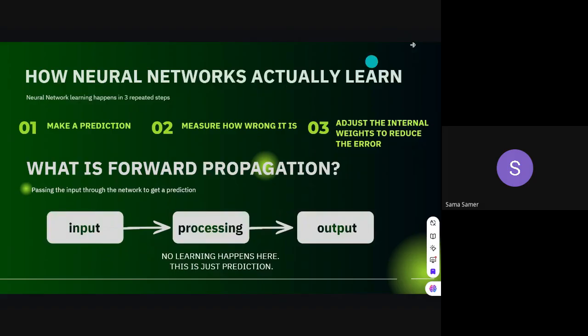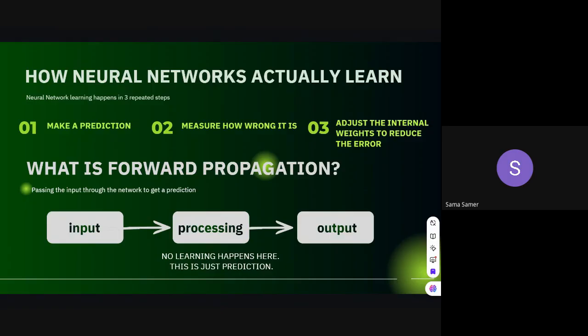Then let's continue with how a neural network actually learns. Our neural network learns in two ways: forward propagation and backward propagation. What is forward propagation and what is backward propagation? Let's go on. First of all, our neural network makes a prediction.